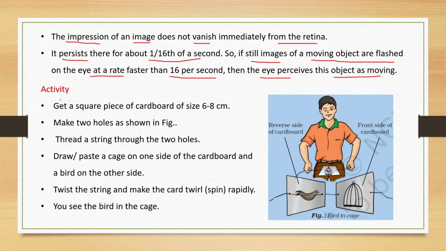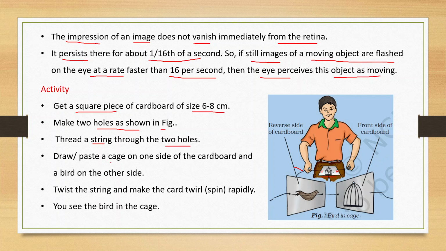Let us see one activity. Get a square piece of cardboard of size 6 to 8 centimeter. Make two holes as shown in figure. Okay, actually this is one square board. इसमें एक होल यहाँ बनाइए आप और एक होल यहाँ बनाइए. Thread a string through the two holes. एक स्ट्रिंग को इसमें से पास करिए, दोनों होल में से इधर से इसमें डालिए और फिर नीचे से इधर निकाल लीजिए इसको.